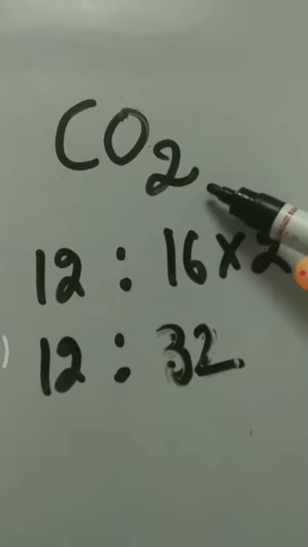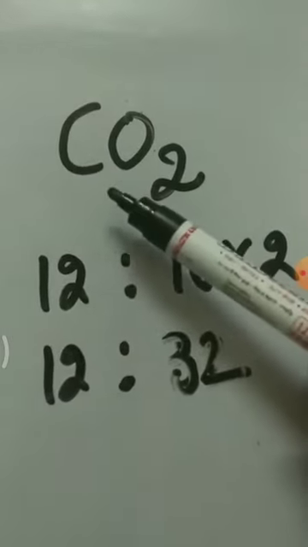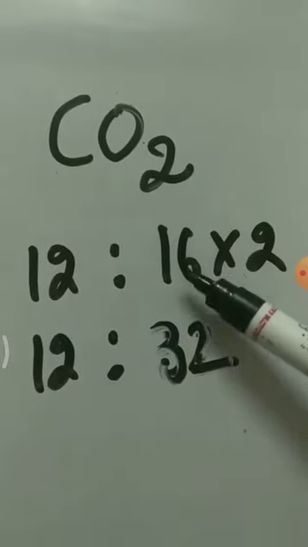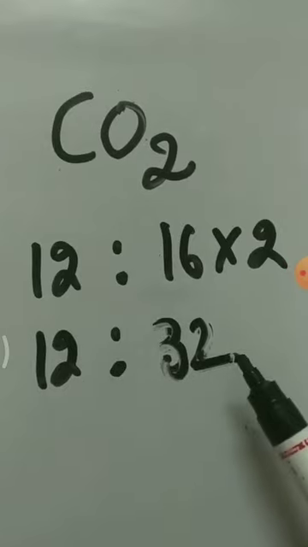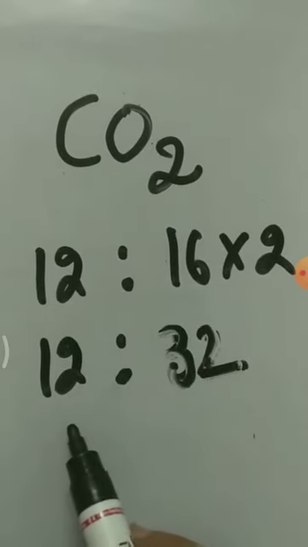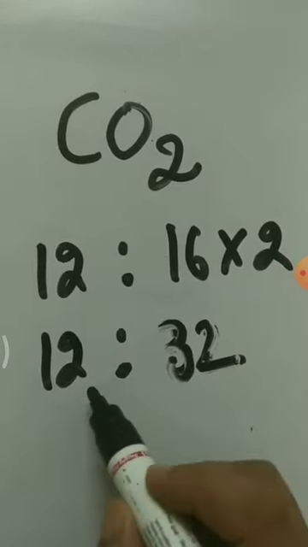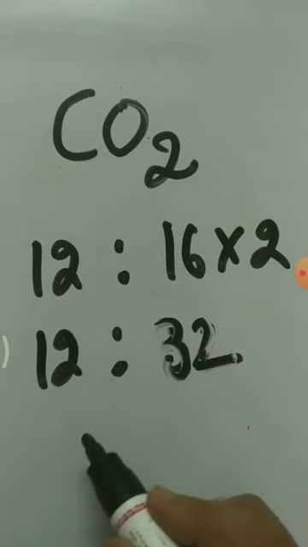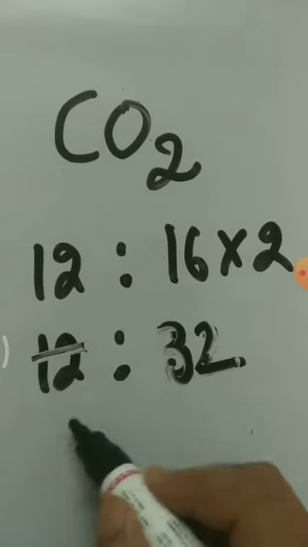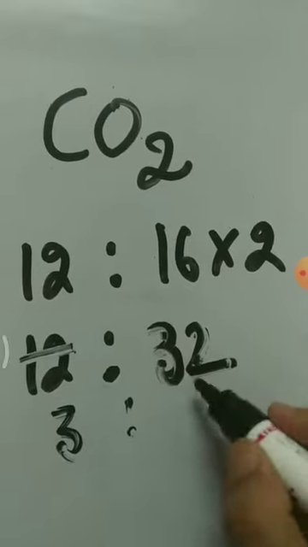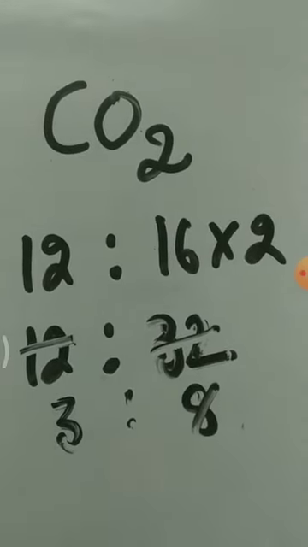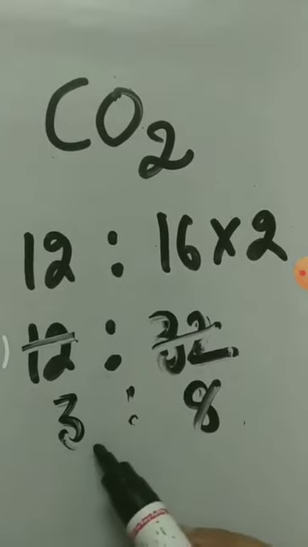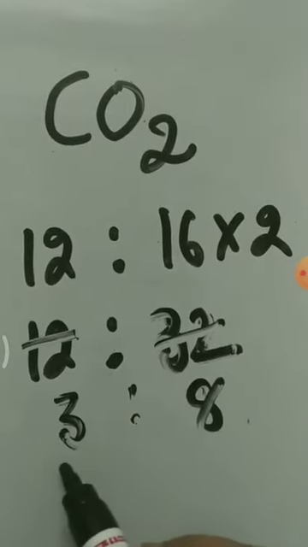Another example, carbon dioxide. Mass of carbon is 12 and oxygen is 16 multiplied by 2. We get 12:32. We have to divide in the same way by the same number. Then we can divide both by 4. Then it will be 3:8. 4 3s are 12 and 4 8s are 32.